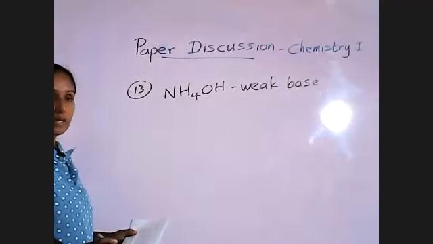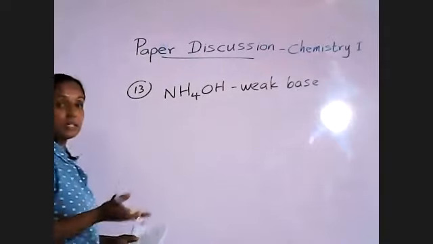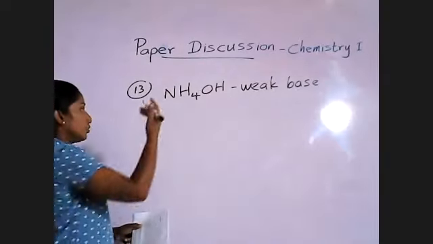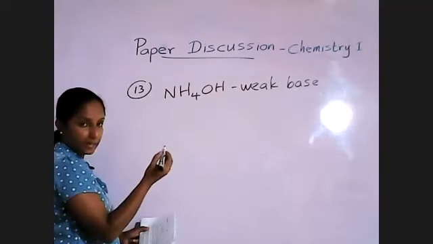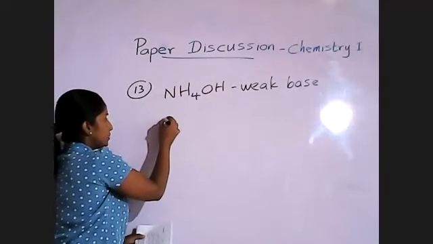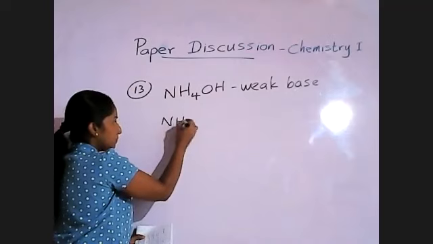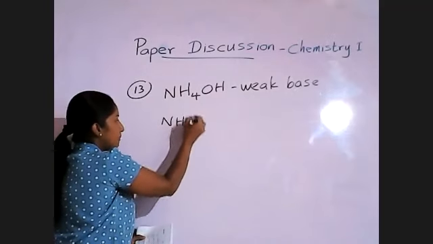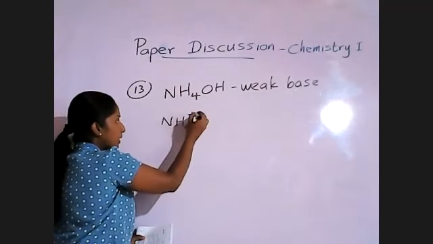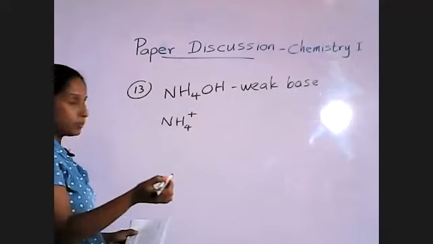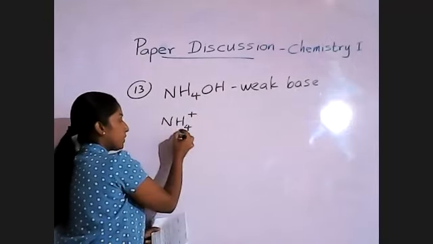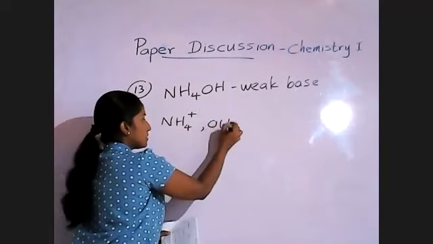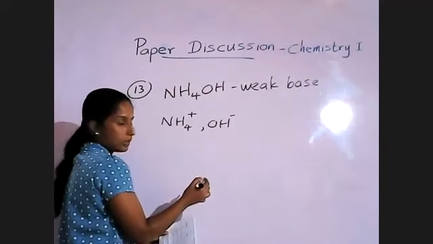It is partially ionized. It is a base, so it gives OH minus ions to the solution. Some amount of ammonium hydroxide is ionized in the solution, so there are ammonium ions and OH minus ions in the solution, right?